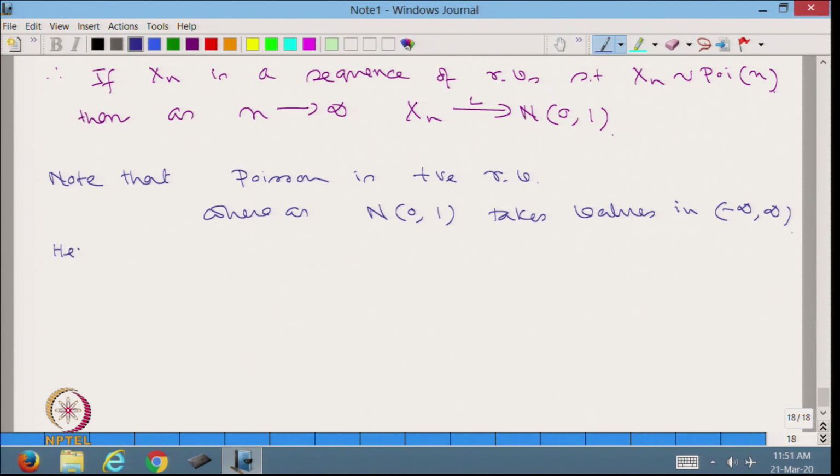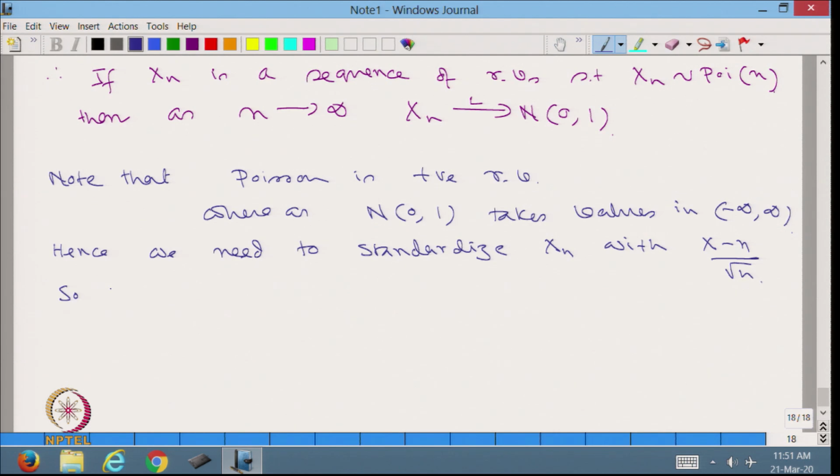Hence, we need to standardize or normalize Xn with Xn minus n upon root over n.